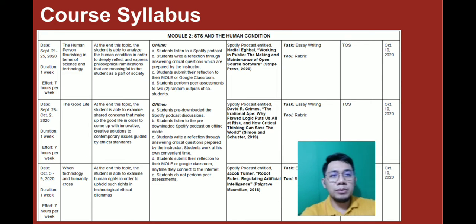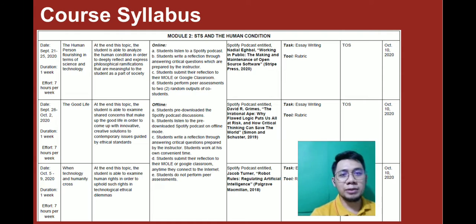The second module is entitled Science and Technology and the Human Condition, and it has three topics. The first is the human person flourishing in terms of science and technology, which you will do in week 3, September 21 to 25. You will listen to reviews of the book Working in Public, the Making and Maintenance of Open Source Software.